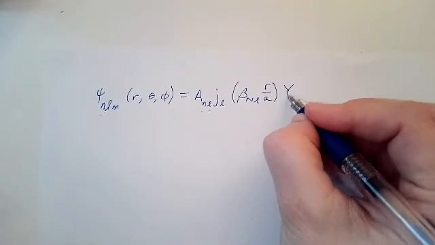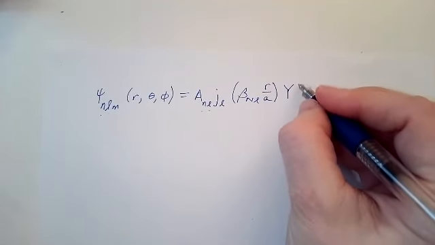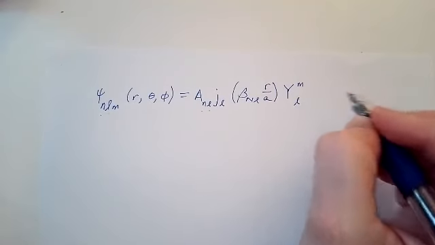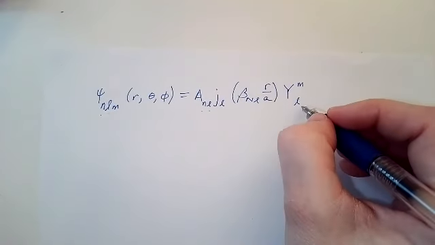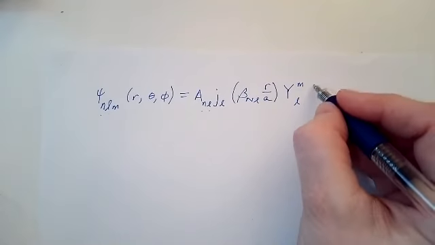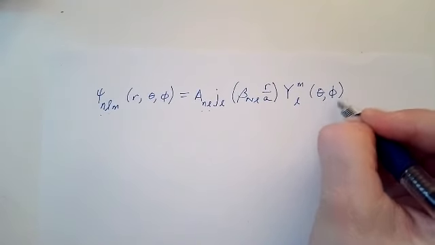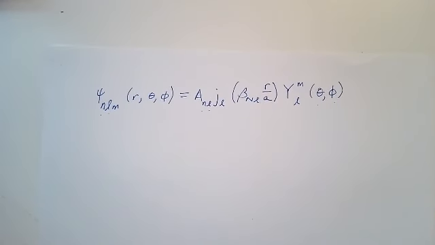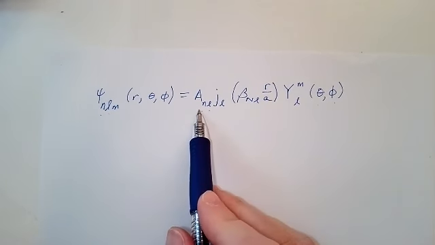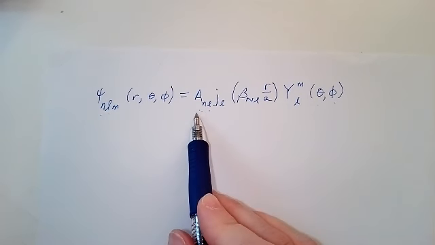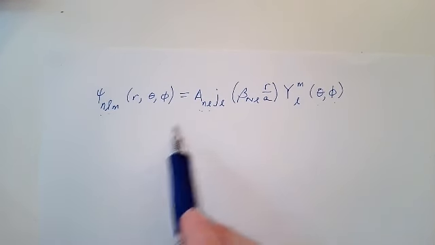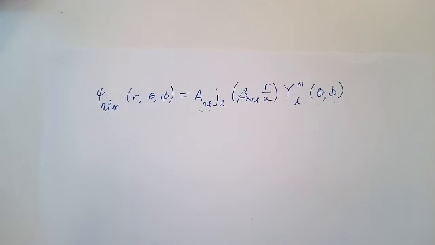We are going to have our angular function that we already solved for, that is based on our quantum numbers m and l, and the arguments for our angular function are theta and phi. So the constant a with the subscript n and l is going to be determined by normalization, and this wave function is going to have n-1 radial nodes.